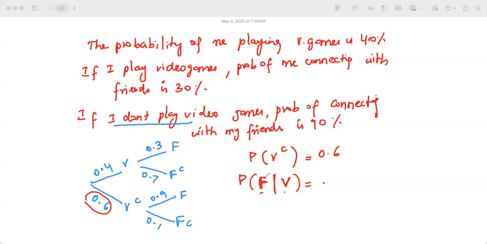What is the probability of him connecting given he has played video games? For this one to occur, how do I find it? See, now we assumed that this already occurred, right?